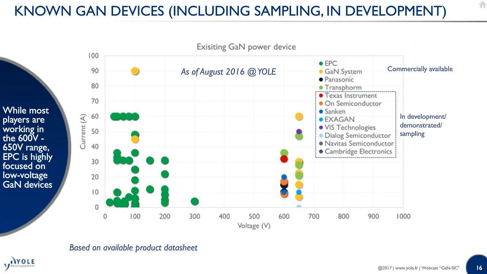As with silicon carbide MOSFET, there are many more companies developing or sampling different types of GaN devices. We estimate that in the next 2 years about 10 players will enter the playground. In the product positioning, it's very interesting to notice a very high concentration of players in the 600 volt, 650 volt range, while only 1 or 2 players are in the lower voltage range.